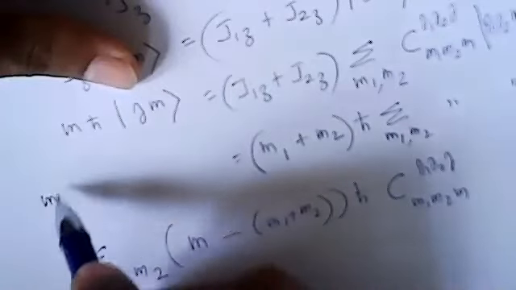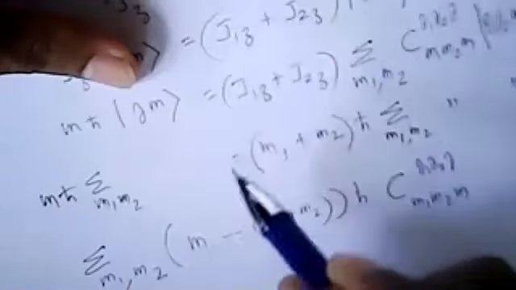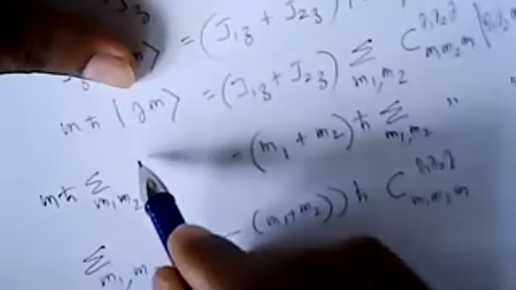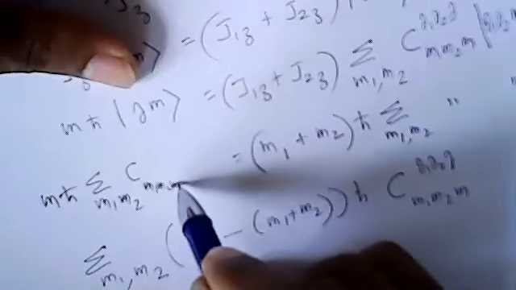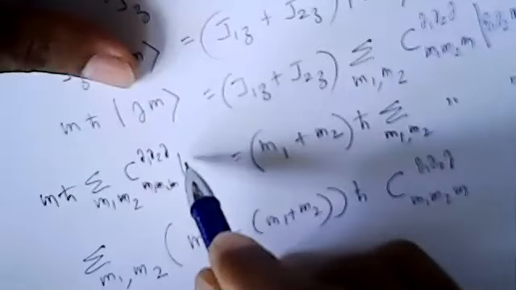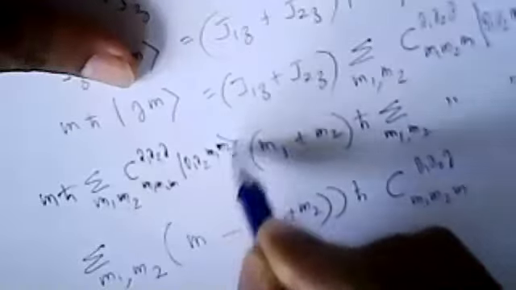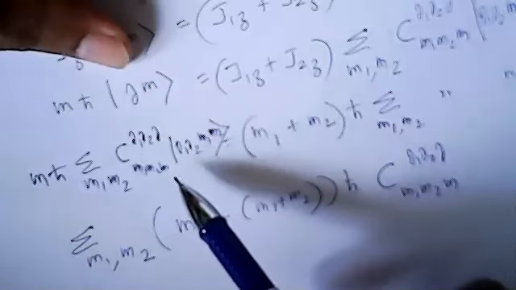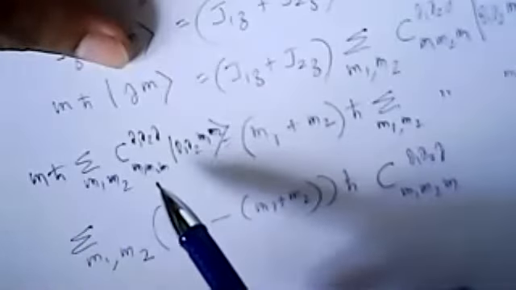So that is the left side M H cross, sum over M1, M2, then C M1, M2, M, J1, J2, J, then J1, J2, M1, M2. On the left side also, after the operation, we introduced the uncoupled representation basis with the help of Clebsch-Gordan coefficients.